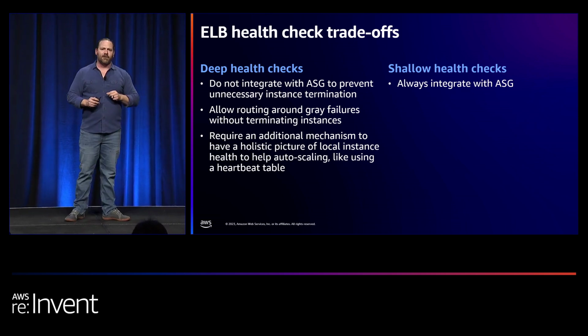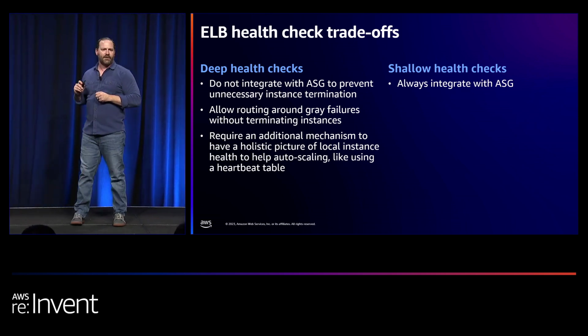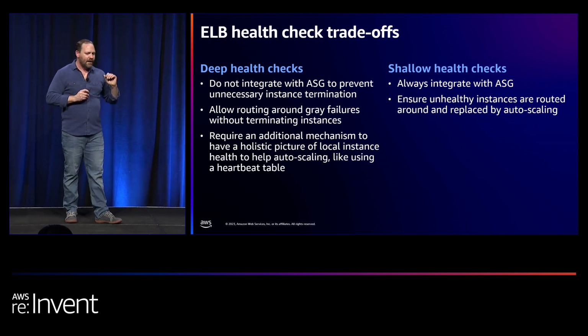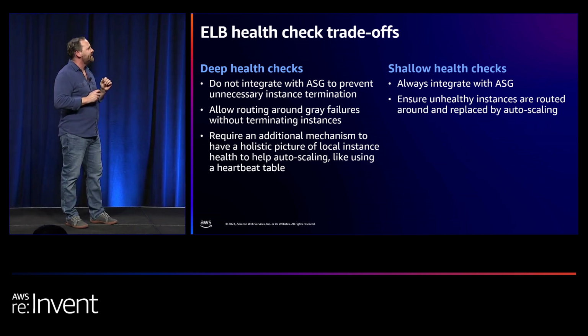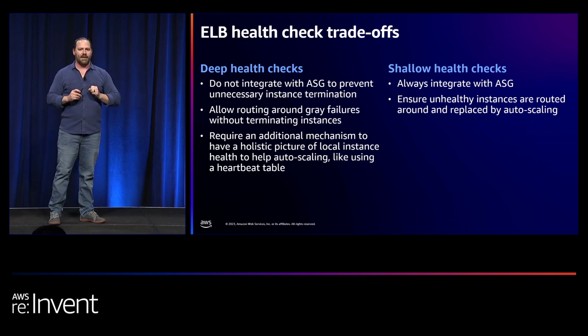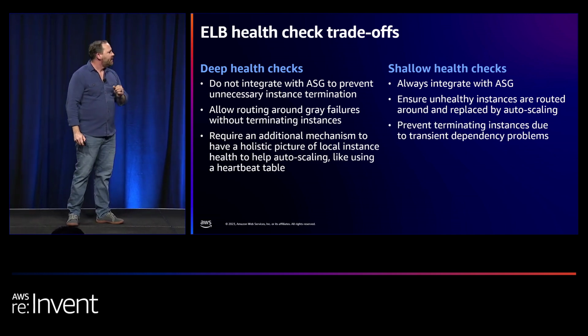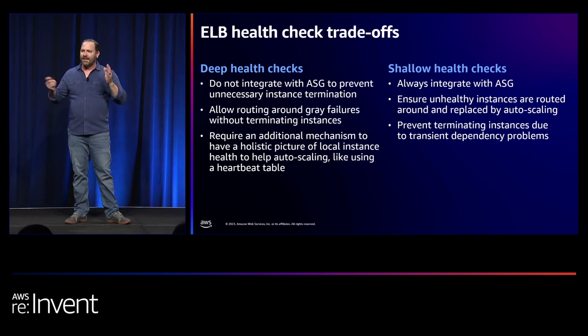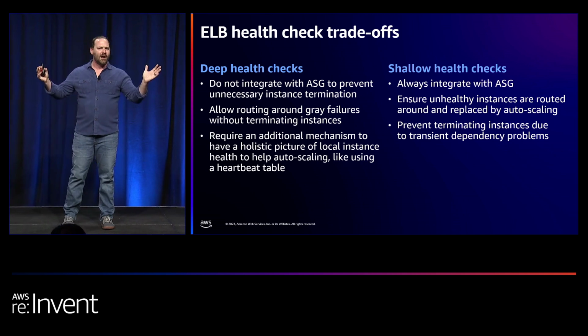If you use shallow health checks, you should always integrate these with the auto-scaling group. No downsides to doing that. Shallow health checks help ensure that unhealthy instances are routed around and are also replaced by auto-scaling. It can help prevent terminating instances due to transient dependency problems, right? Because we're not looking off-box.